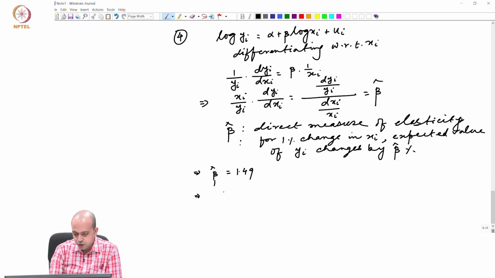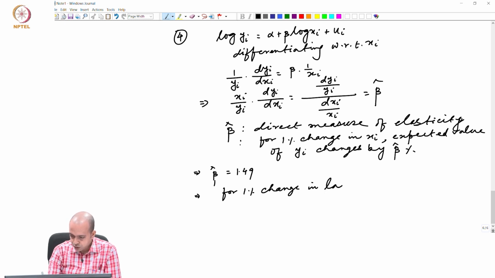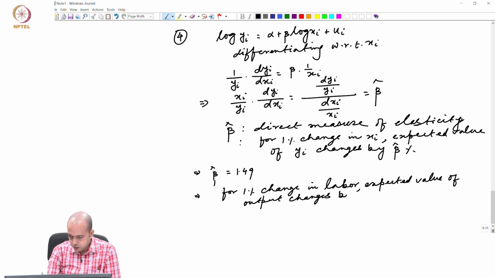This implies for a 1% change in labor, the expected value of output changes by 1.49%. Do not multiply this by 100 and say 149%, that would be wrong.